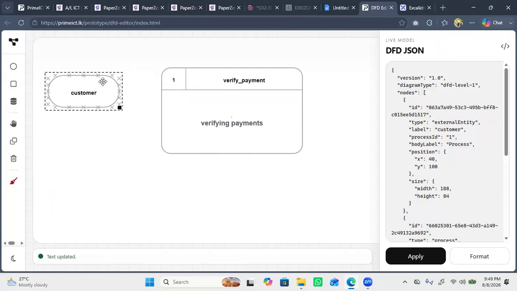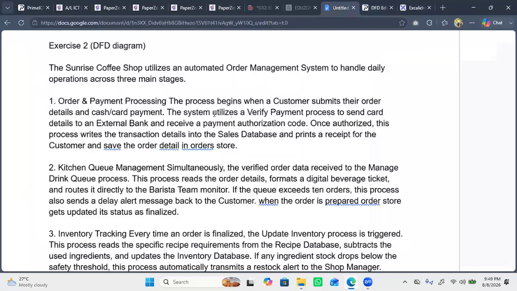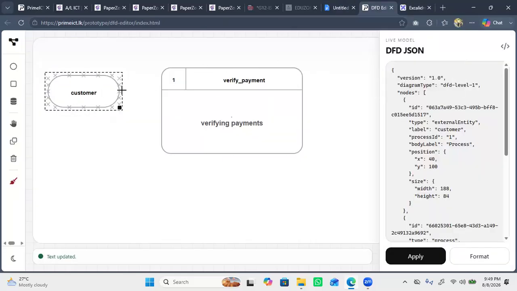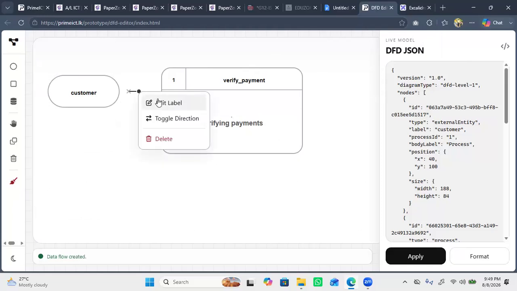So customer is sending what to this process? Customer submits their order detail and card payment details. So I will start from the customer's end and draw the arrowhead this way. Double click, right click and add a label.